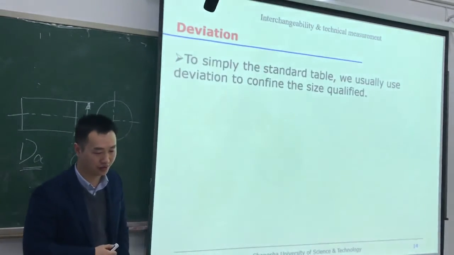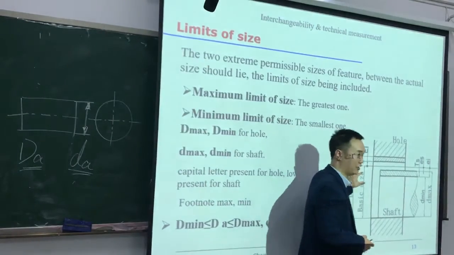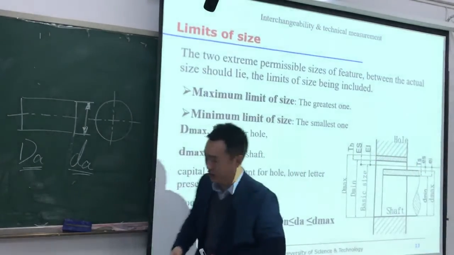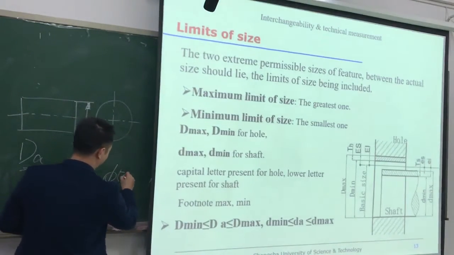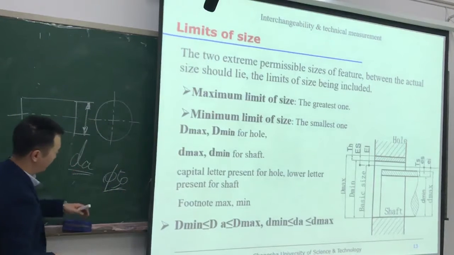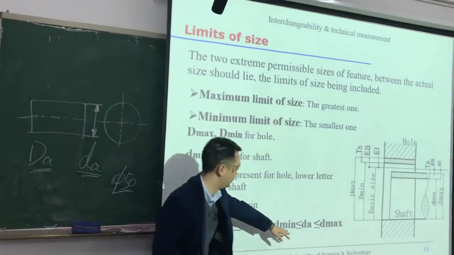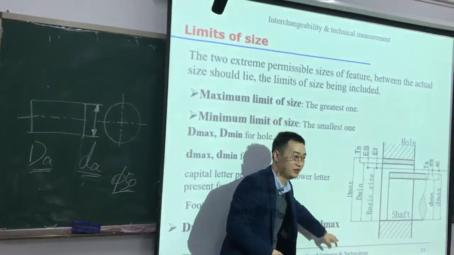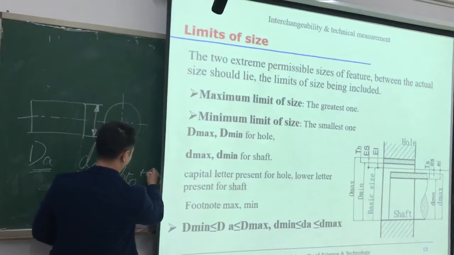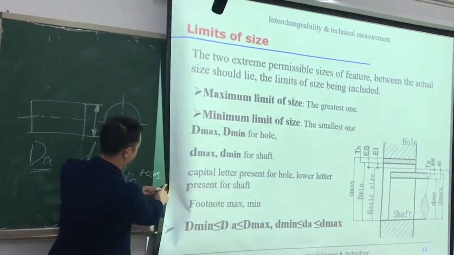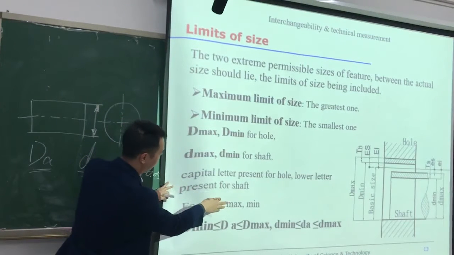Next, we introduce the deviation. Before we introduce this, let's look at this graph again. When we manufacture real workpieces, for example, a cylinder with a diameter of 15, we have to set the min and the max for the shaft.